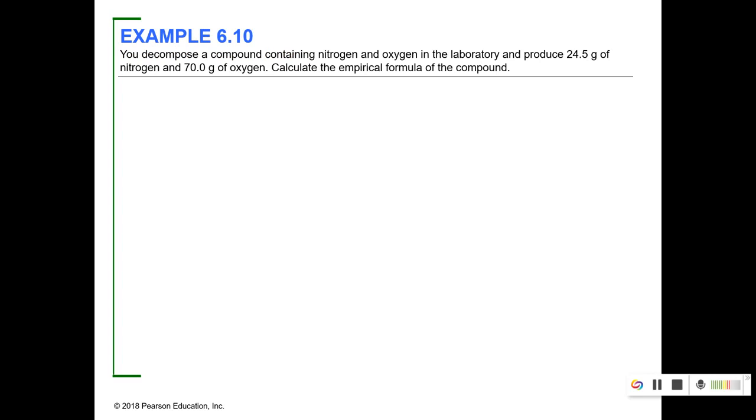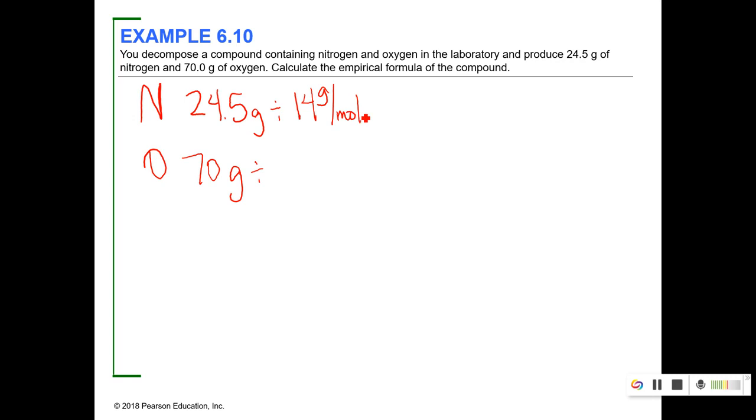Alright, so let's do one. This one we get to skip step 1. So I've got nitrogen and oxygen: 24.5 grams and 70 grams. I'm going to divide by 14 grams per mole and by 16 grams per mole. This is step 2, divide by the molar mass of each element.